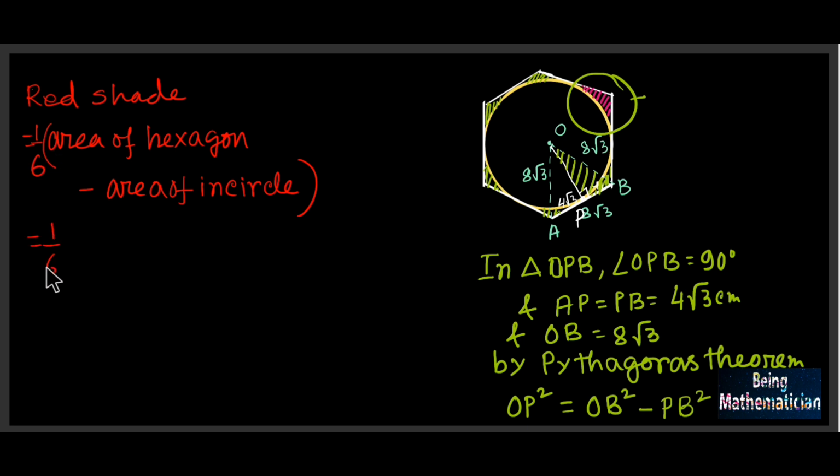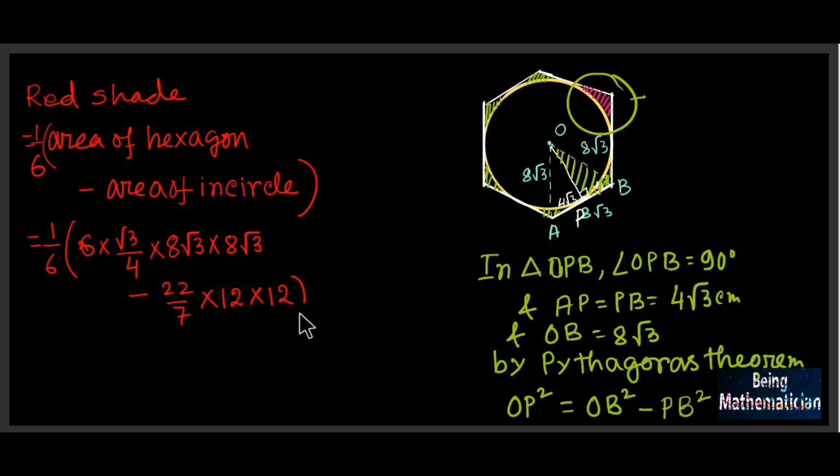Now area of hexagon is 6 into root 3 by 4 into side square, means 8 root 3 into 8 root 3, minus area of incircle is pi r square, means 22 by 7 into 12 into 12.